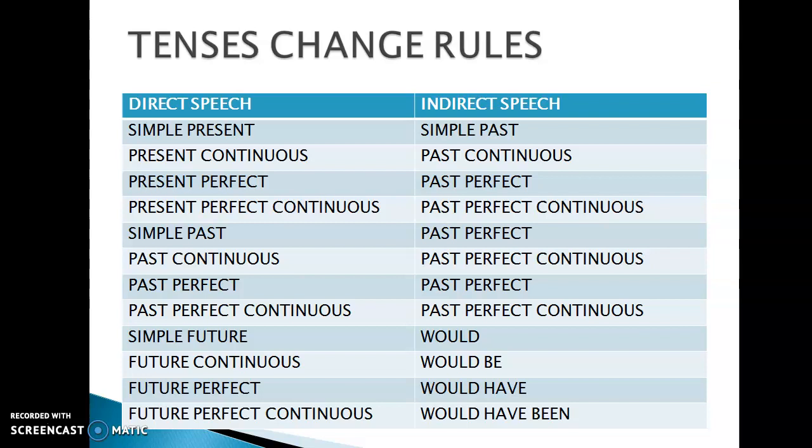So simple past changes to past perfect, past continuous changes to past perfect continuous, past perfect remains the same because it's already past perfect, and past perfect continuous also remains the same. And in future tenses, you are going to change will to would. So simple future becomes would, future continuous would be, future perfect would have, future perfect continuous would have been.